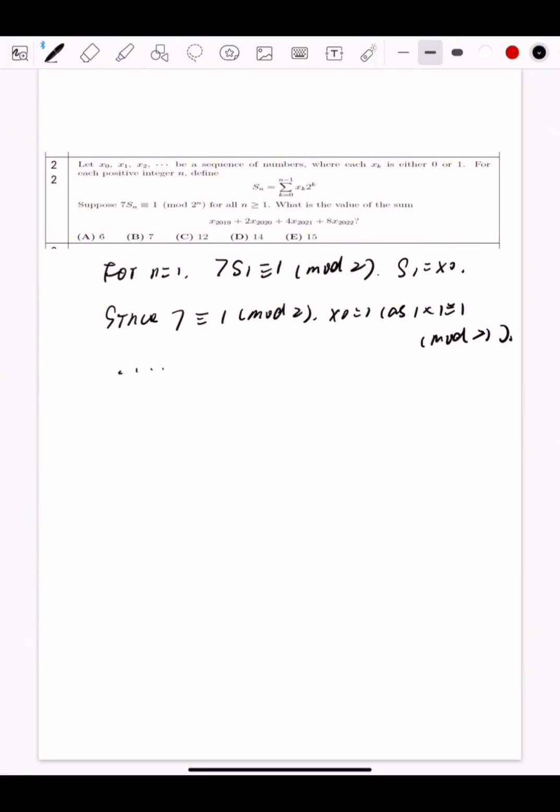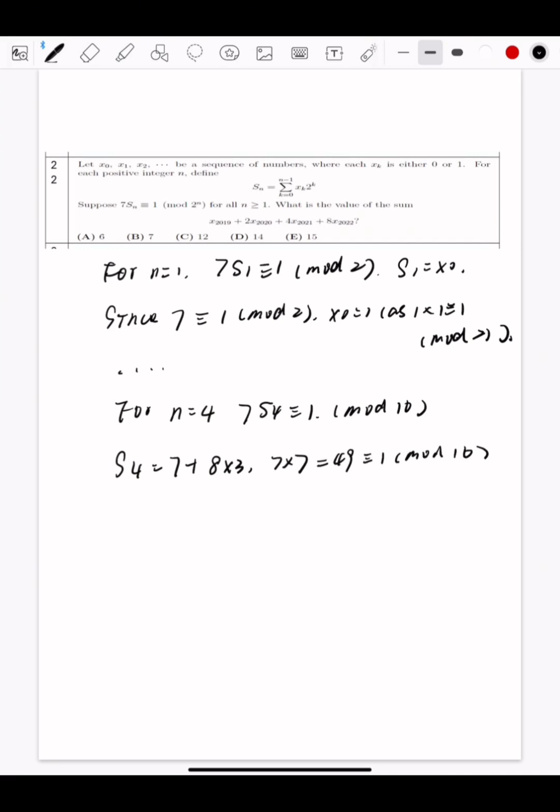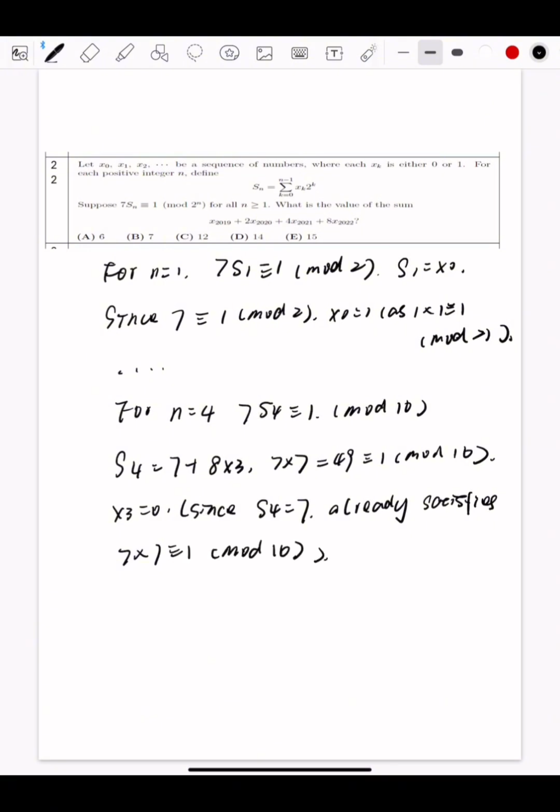So we make the step directly for n equals 4. And we have different xk, as follows.